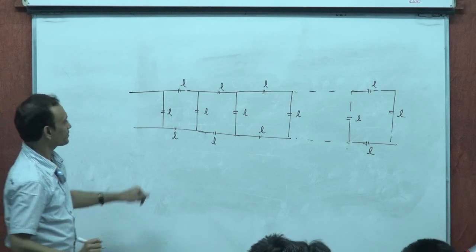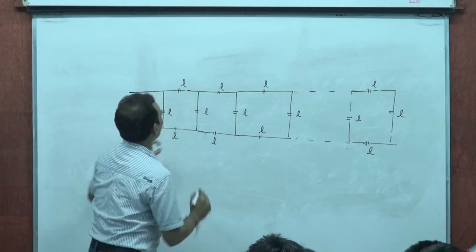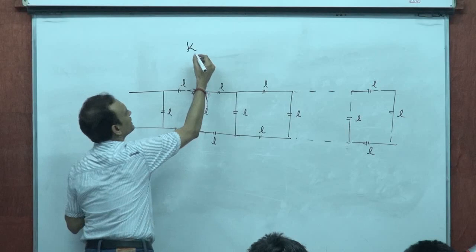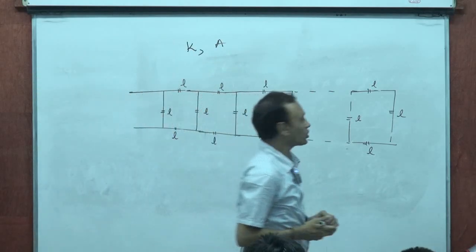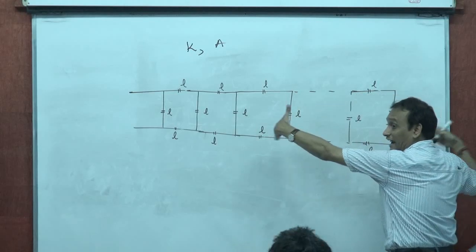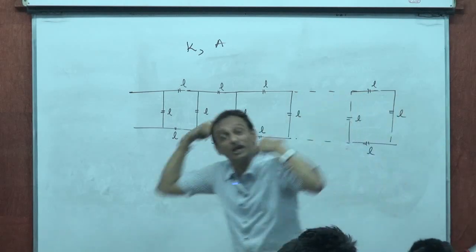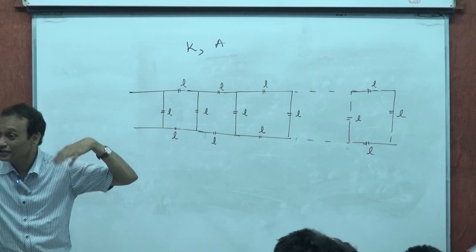Right? These are various rods, length L, and let's say thermal conductivity K for each, and let's say area of cross section A for each of the rods, right? These are various rods. Infinite ladder. This is like an infinite thermal ladder. I'm producing an infinite thermal ladder.